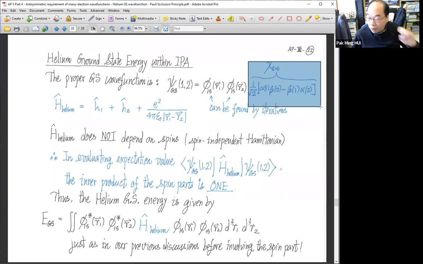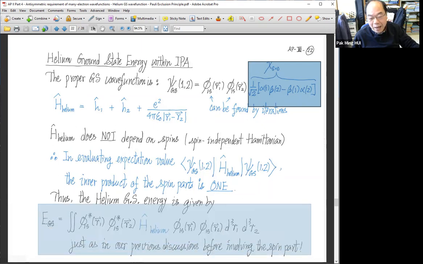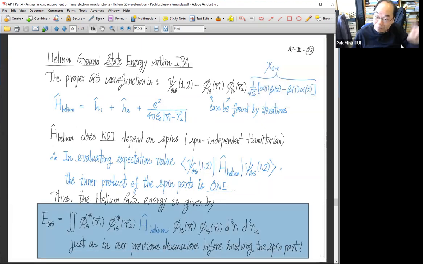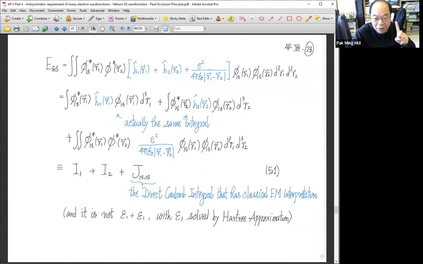And this is already normalized. That inner product is just a 1. Thereby, we are left with a spatial integral to do, and that comes back to what we did in the previous sections. So we were not only lucky because I know the physics, and then I don't want to bring out the spin part too early, okay? So we are doing fine.